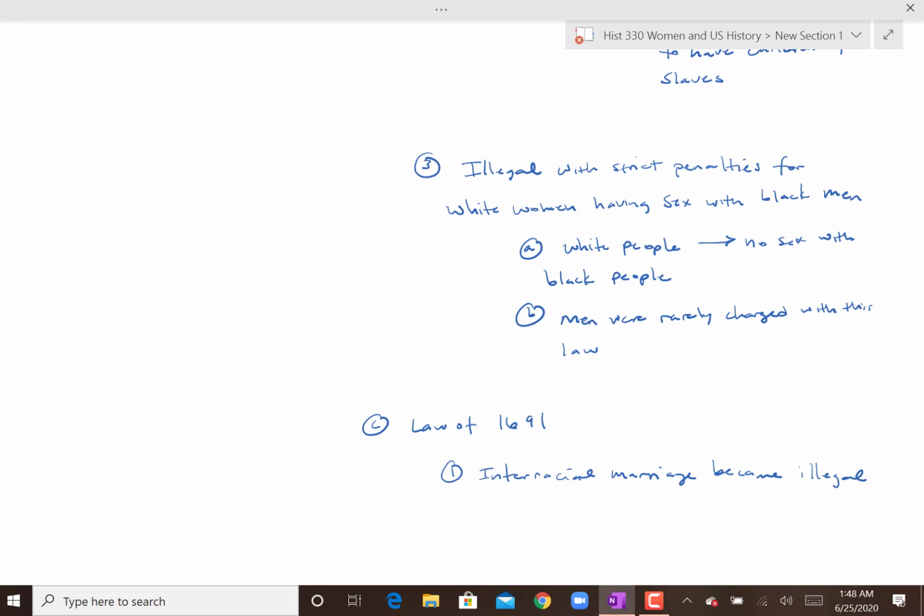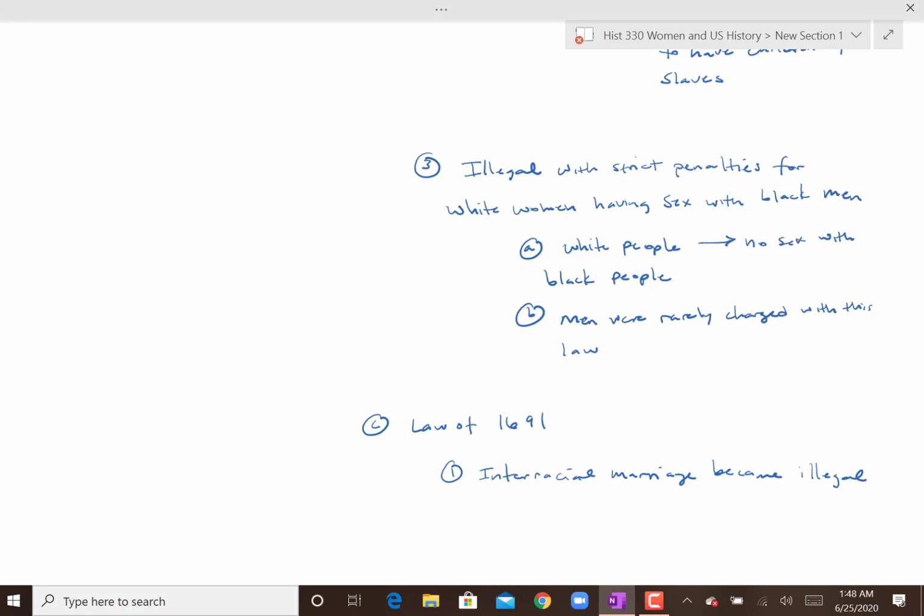Therefore, if a slave became baptized as a Christian, then they couldn't be a slave anymore. So they made a law to make sure you couldn't get out of slavery through religion. Then they made the law that physical violence and death could be imposed upon slaves. And then they made a law that interracial marriage was illegal to further separate the idea of white as free and black as slave.